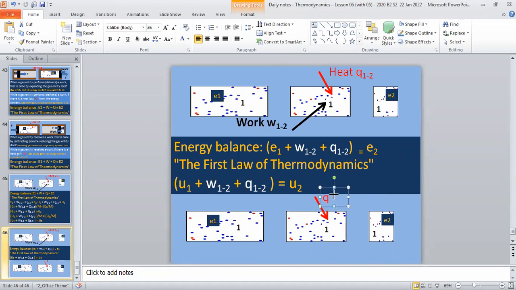Just put Q during 1, 2 process, heat interaction. So W, the work interaction. Anywhere you can keep it.